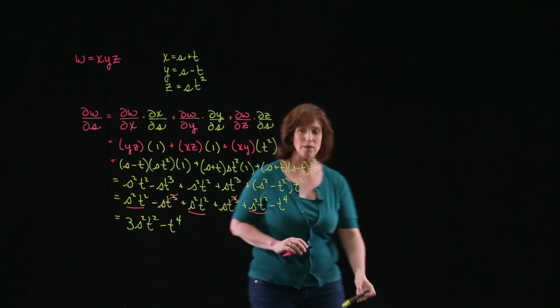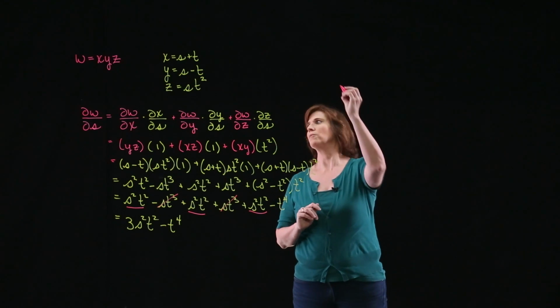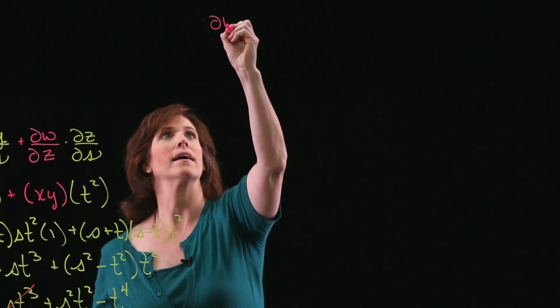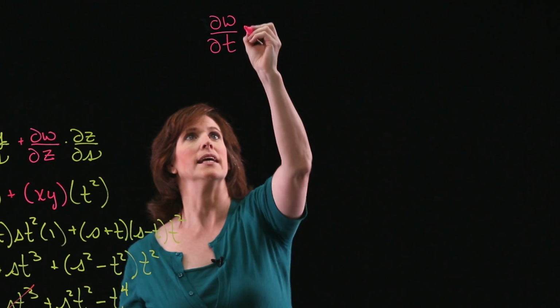Let's go ahead and find the partial with respect to t by using the chain rule in a similar way. So let's do the partial of w with respect to t.